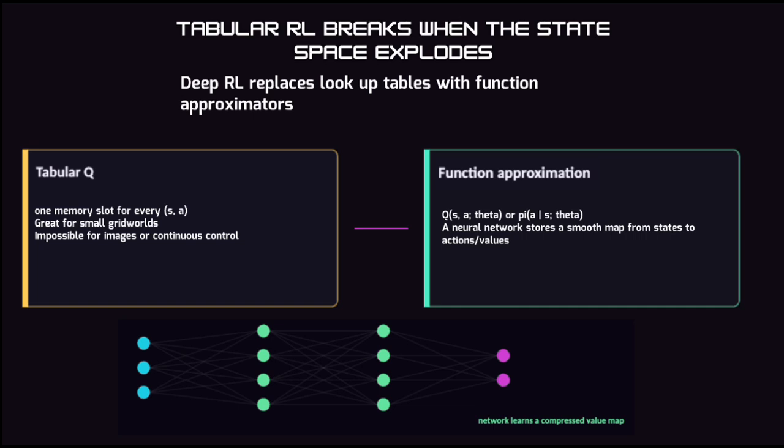Two states may almost never repeat exactly. If an agent needs a separate table entry for every possible state, learning becomes impossible. This is called the state space explosion. The number of possible situations becomes too large for direct memorization. The agent needs generalization, and it needs to learn that similar states should have related values or actions.